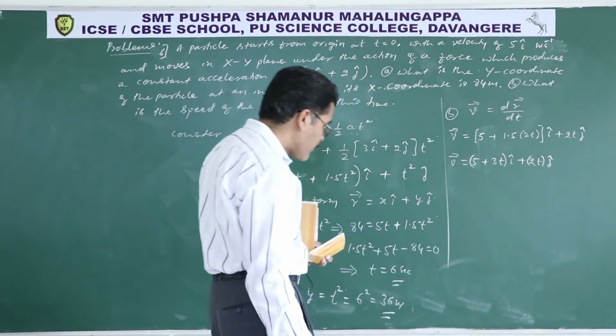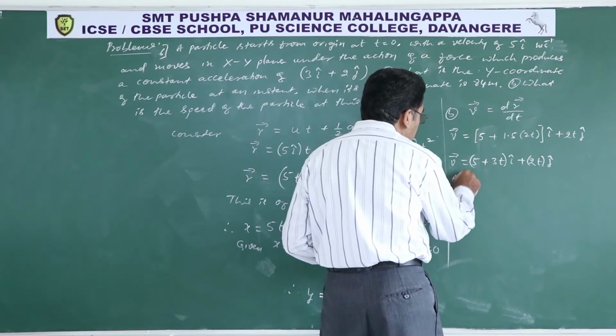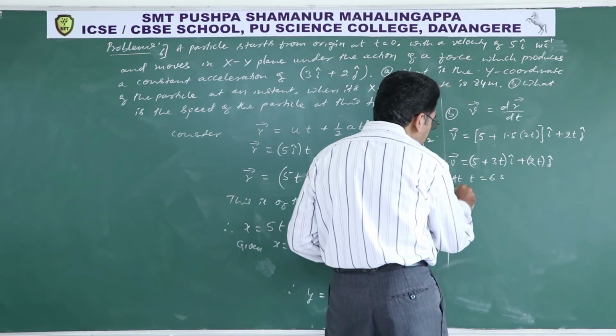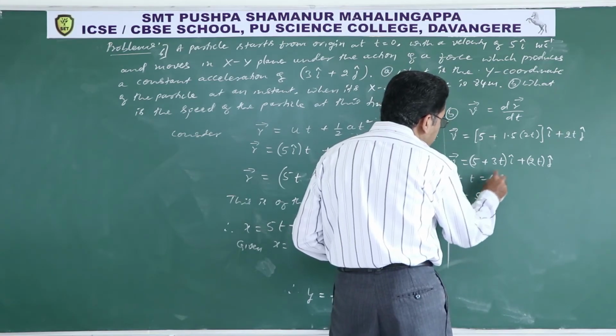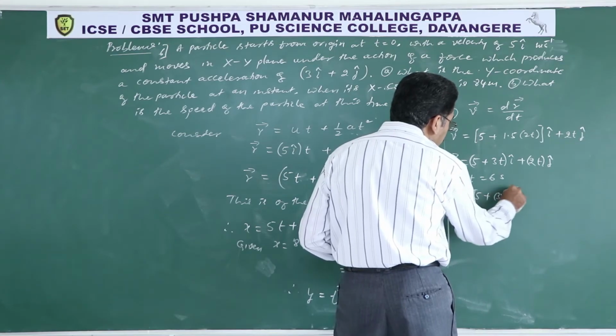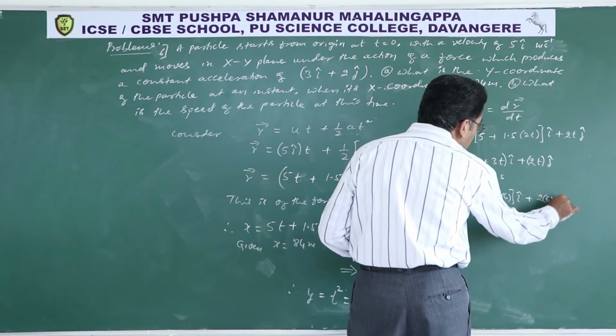At t is equal to 6 second, v is equal to 5 plus 3 into 6 into i cap plus 2 into 6 into j cap.